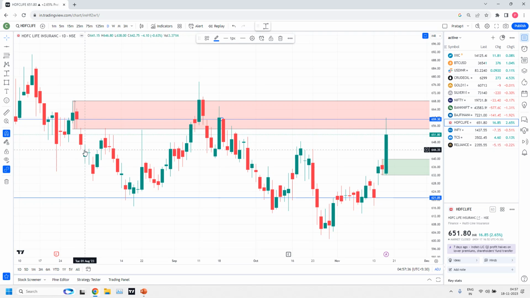I have shown you both examples, leg in as well as leg out. Here leg in is a rally candle. Here leg out is a drop candle. That's why the pattern is rally base drop.